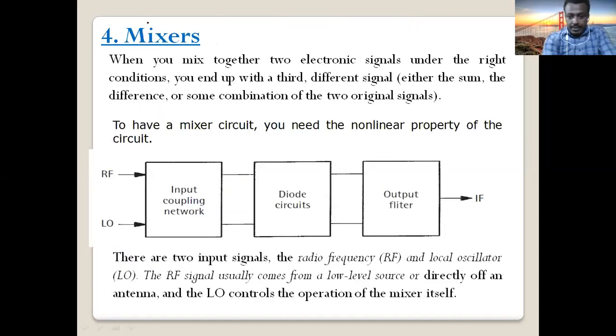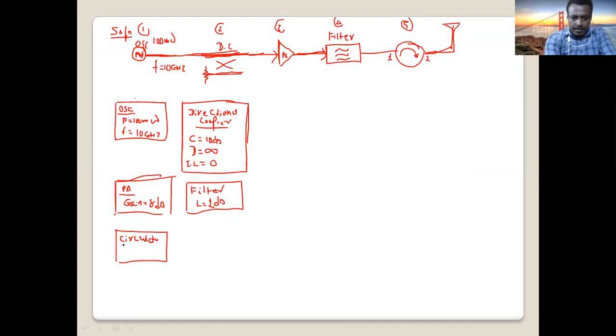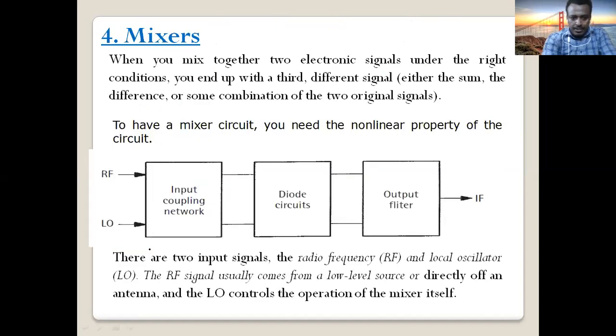So the circulator has given here an insertion loss of how much? 1 dB. You know what insertion loss of a circulator is? 1 dB.